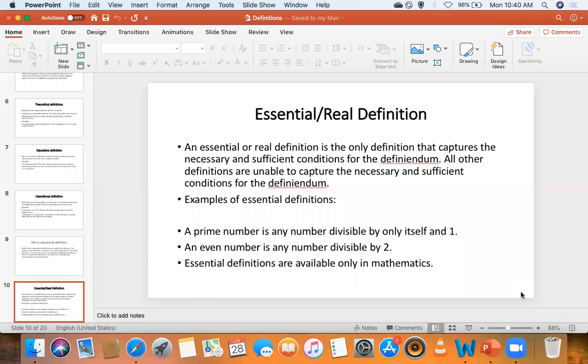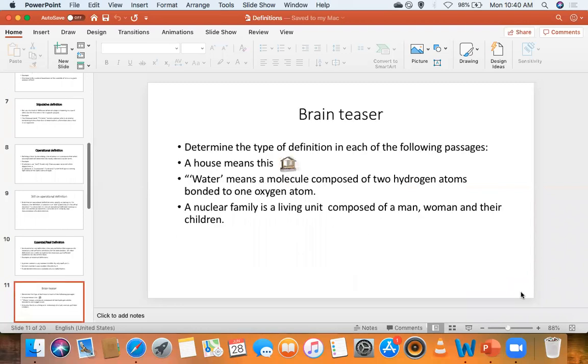So they are mostly mathematical definitions because of the exactness, because of the standard of accuracy that is demanded of such definitions. Note that we said such definitions must capture the necessary and the sufficient conditions. And so let's see why this is so.